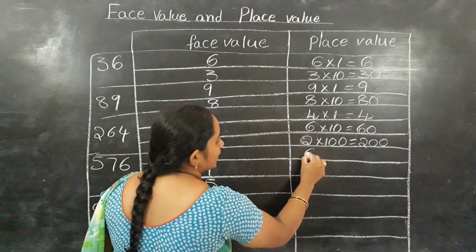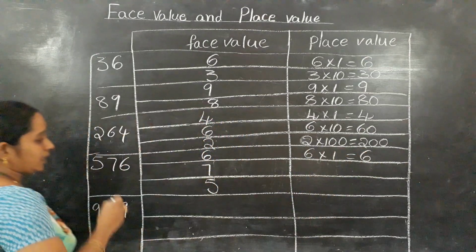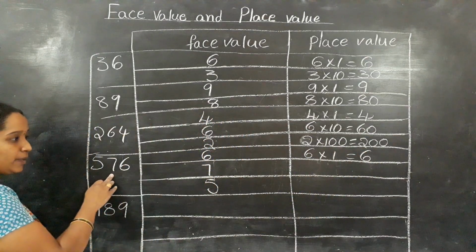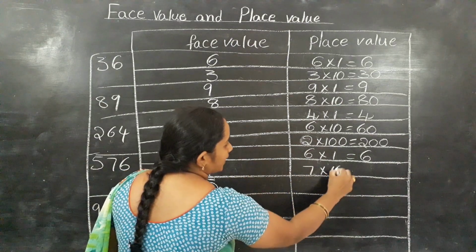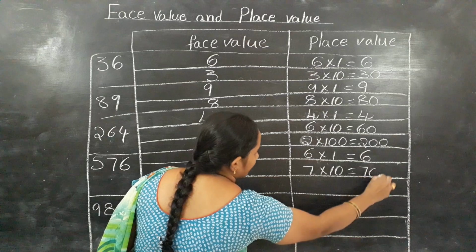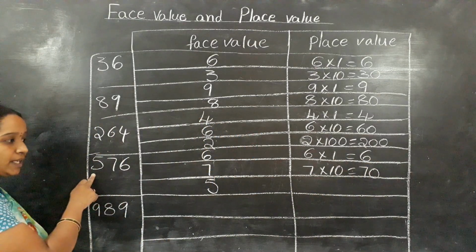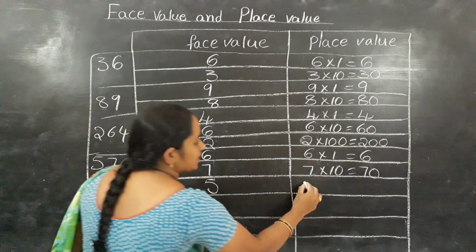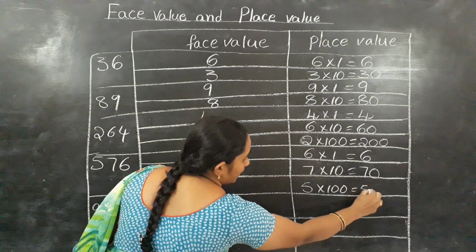The value is 6 into 1, 6. 7 is in 10's place. So, the value is 7 into 10, 70. Next, 5 is in 100's place. So, the value is 5 into 100, 500.